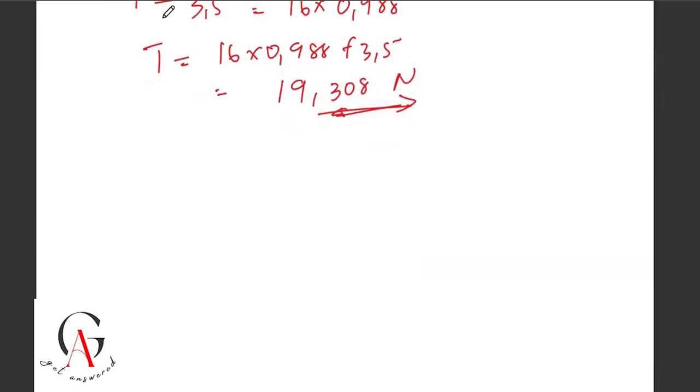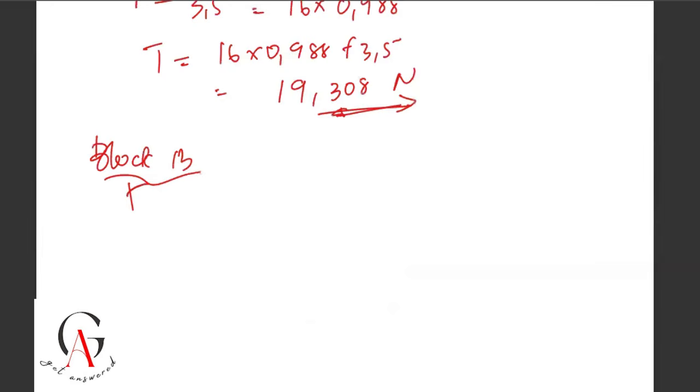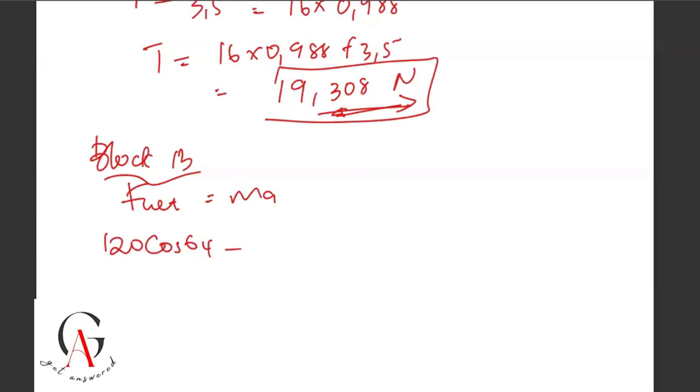Then we go to block B. Block B is being affected by just the horizontal component, which is going to be 120 cos of 64. Let's apply the same thing, that F net is equal to MA. Let me just write it out before I do the substitution.